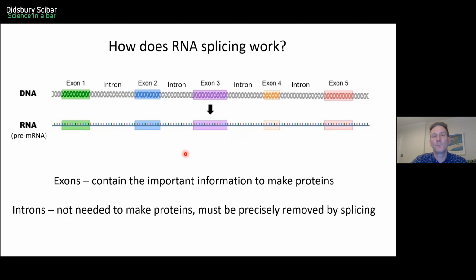And they need to be removed precisely so that the information that is found in each exon comes together correctly to make the correct protein within the cell. So you've got these exons, which are the bits of information that are used to make the proteins, but in between these exons are these things called introns that aren't needed to make the protein, and they need to be removed. So they need to be spliced out.